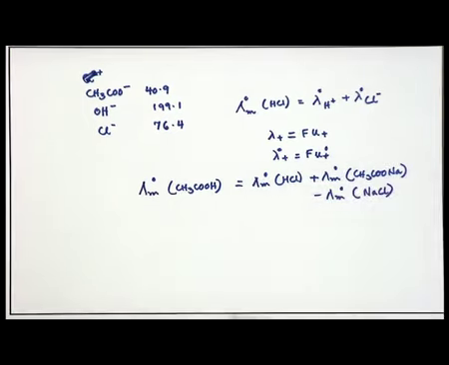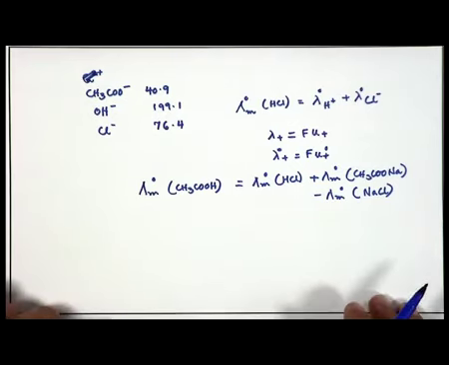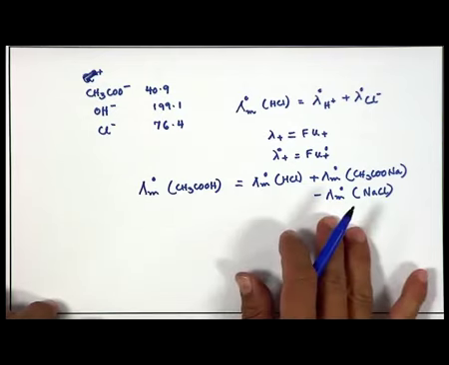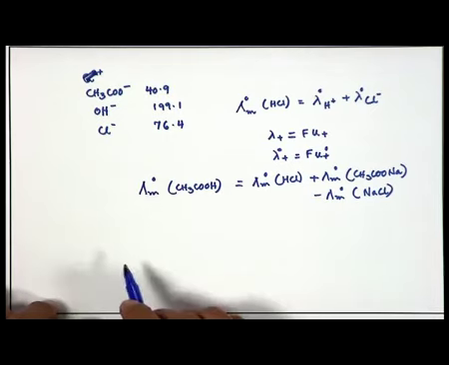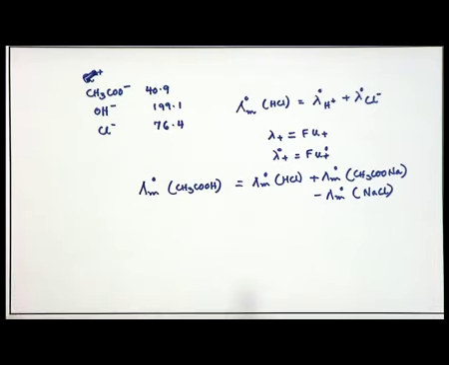Plug in the respective numbers and you should be able to find out lambda 0 for a weak electrolyte. Direct determination of lambda 0 for a weak electrolyte is not possible, because the lambda m versus square root of C plot is not a linear trend. That is why you have to make use of this indirect method for a weak acid or weak electrolyte.